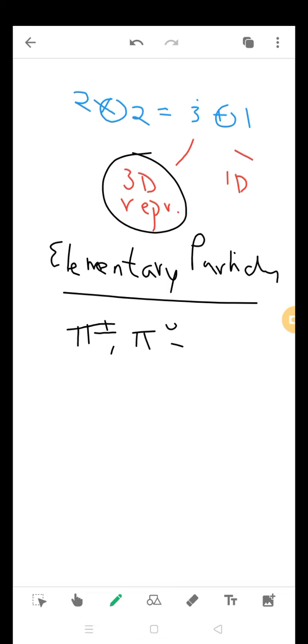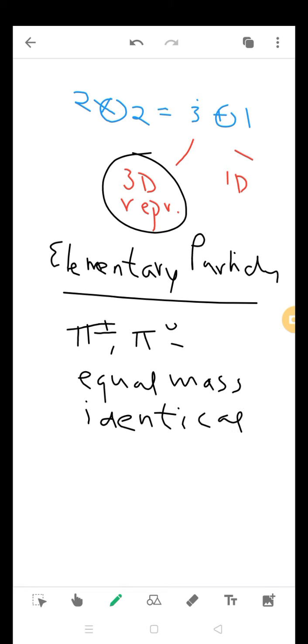They have almost equal mass, and they are also identical in terms of strong interaction.